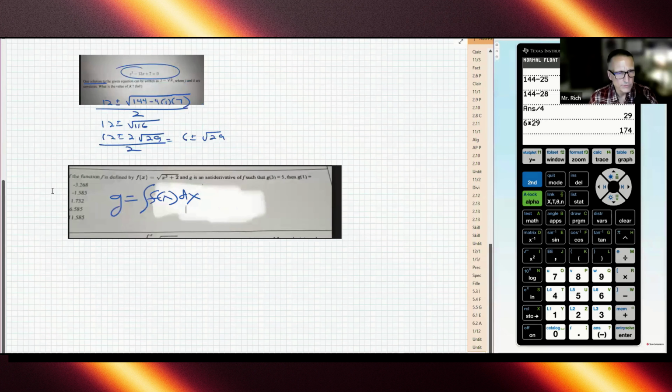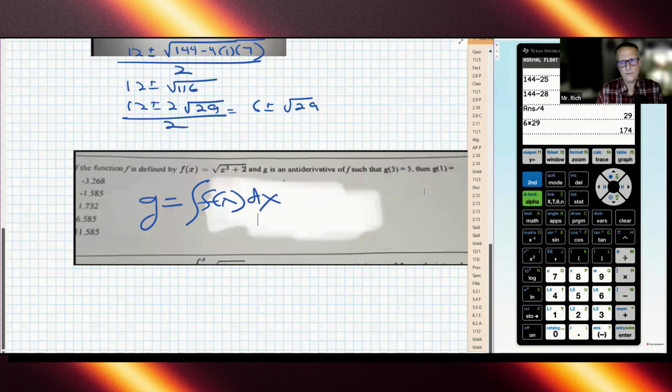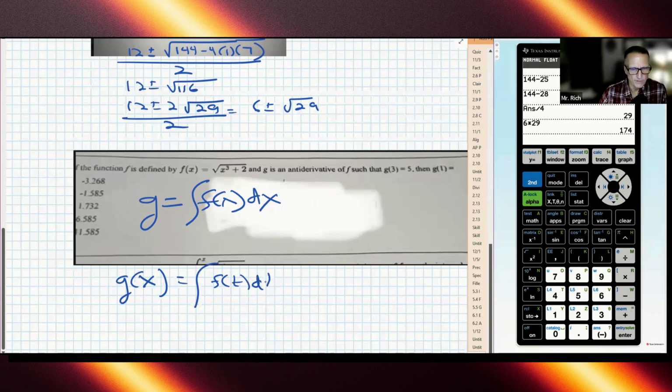This looks similar to the problem that we were looking at. g of 3 is 5. So what I would do is I would say if g of x is the integral of f of t dt, so I'll use a dummy variable here. It's an antiderivative such that g of 3, so if x is 3, okay, let's see here.